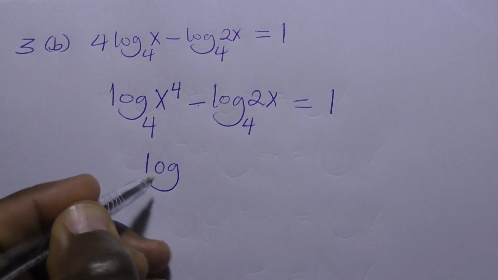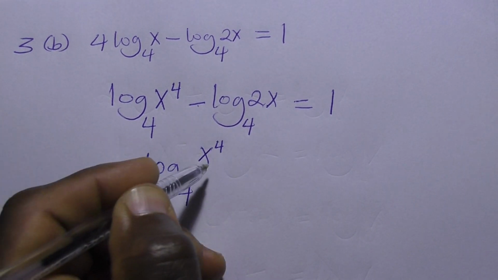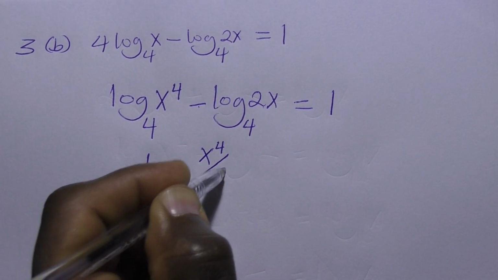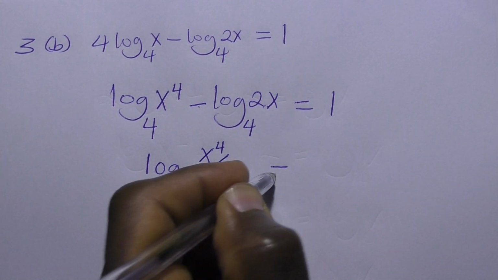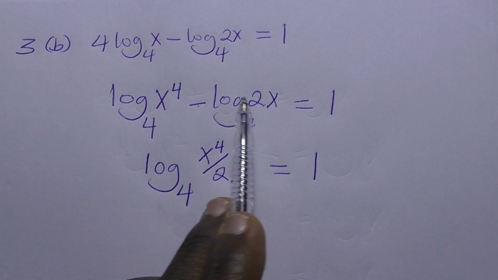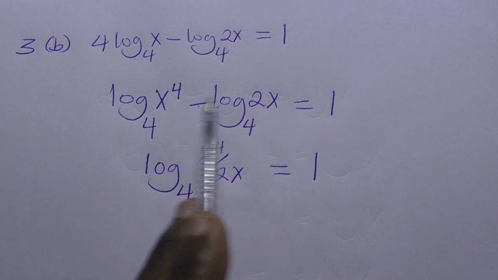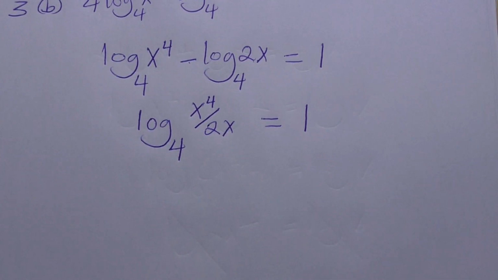That is log base 4 of x power 4 divided by 2x equaling 1. We divide the first power by the second power when we are subtracting, so that we come up with that.